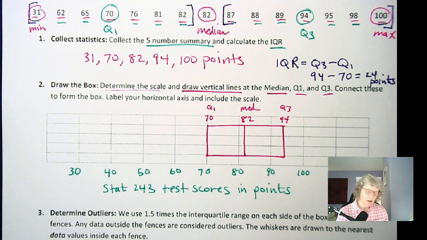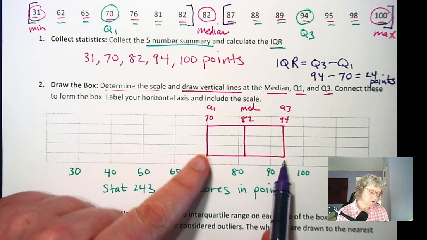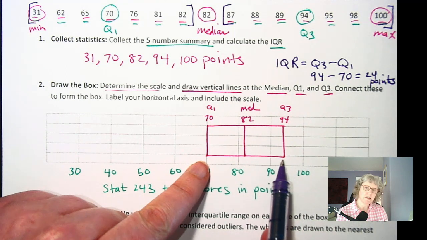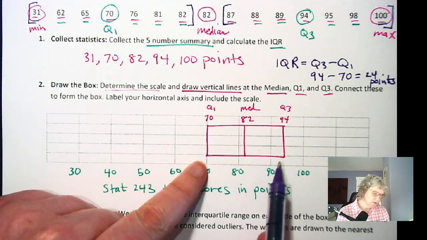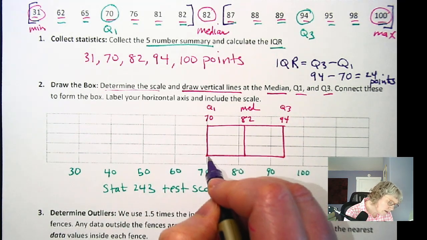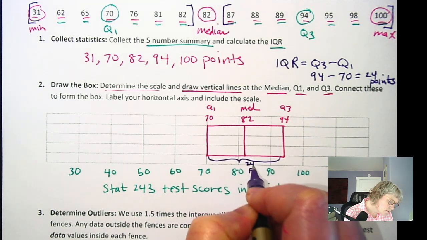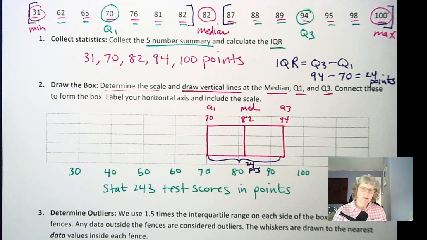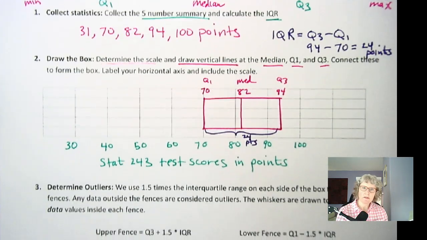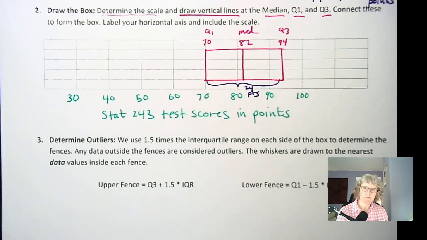So the width of this box is, because it goes from 70 to 94, 24 points. I'm going to draw that, again just for reference. That is our IQR. It's the width of the middle 50% of the data.